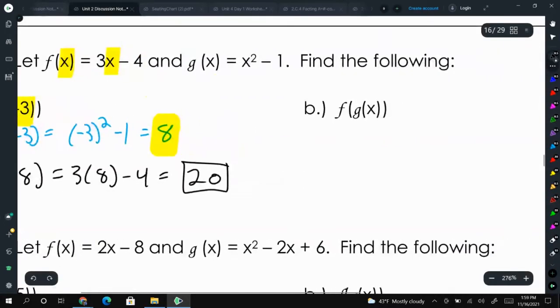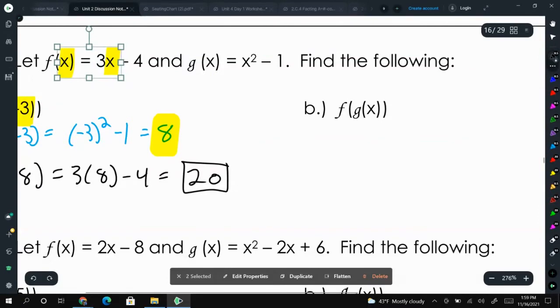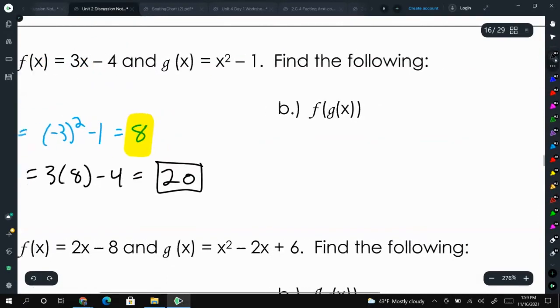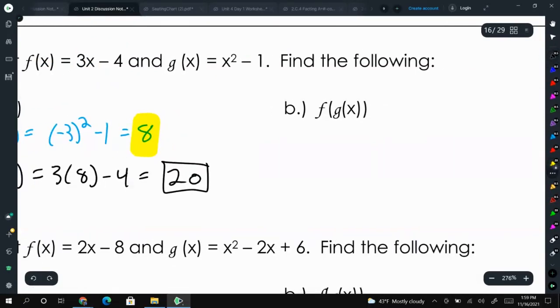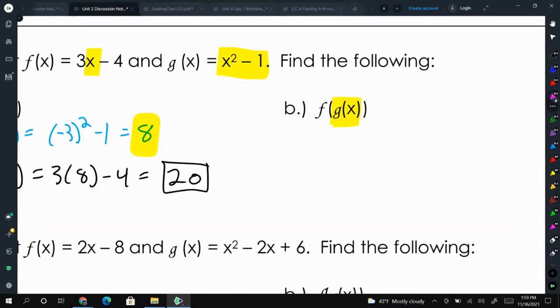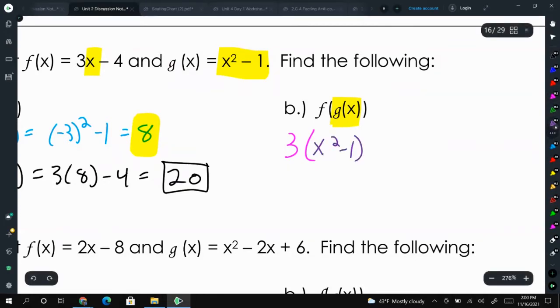Now for letter B, it's slightly different because we're not plugging in a value for x. What we're going to do is take g of x, this whole equation, and plug it in for the x part of f of x. So I start by rewriting f of x, 3x minus 4, but instead of writing x, I'm going to write in g of x, which is x squared minus 1.